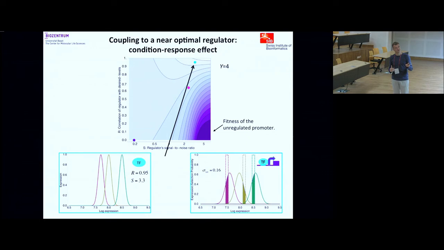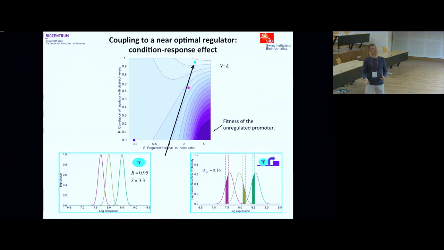The transcription factor is going up and down in the way you want, and so the target level of the promoter goes up and down in the way you want. And the noise level of the promoter is only increased a bit due to noise propagation. So in this scenario, all the benefits that the regulator gives you are from this condition response effect, and the noise propagation that comes along with it is really just a deleterious side effect that you can't avoid.